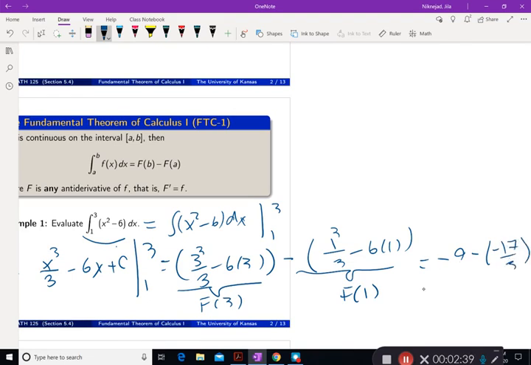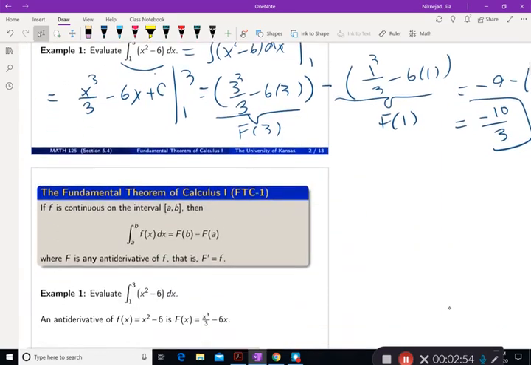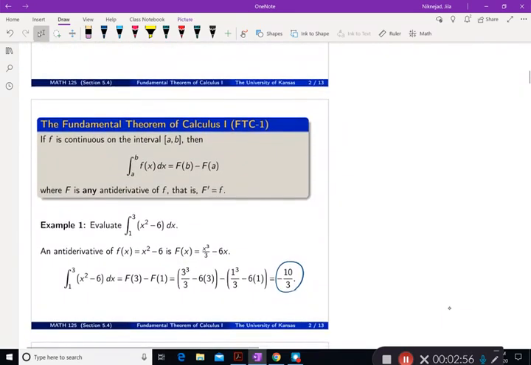And then finally you end up with negative 10 thirds. And therefore the function has that much area underneath the x-axis.